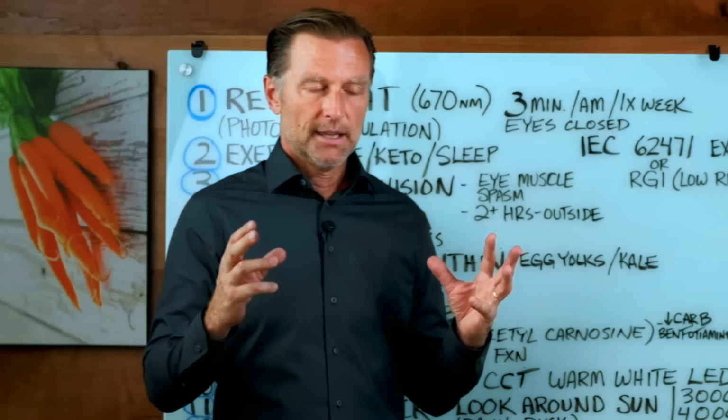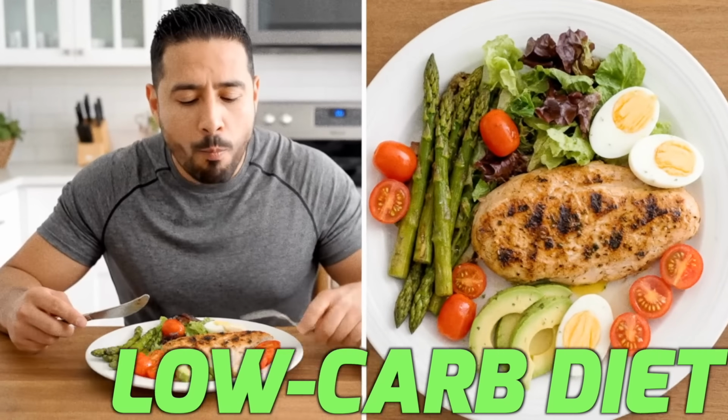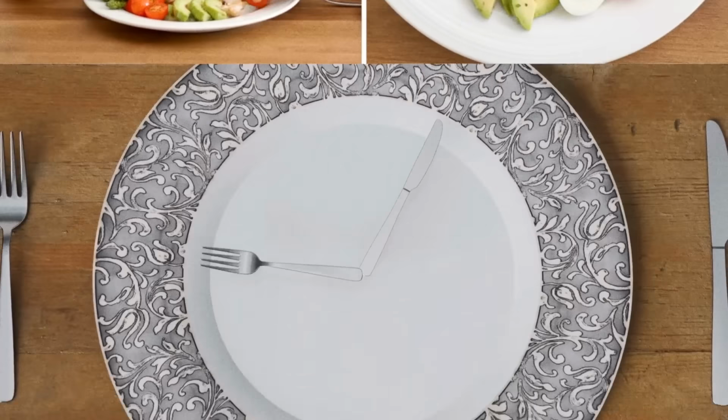And then the last point I want to talk about is these advanced glycated end products. This is that glycation when sugar connects with protein. This happens when you consume a lot of junk food and things like that. But there's things that can reverse that. Going on a low carb diet, doing intermittent fasting. Another thing you can do to reduce this is alpha lipoic acid, which reduces AGEs.